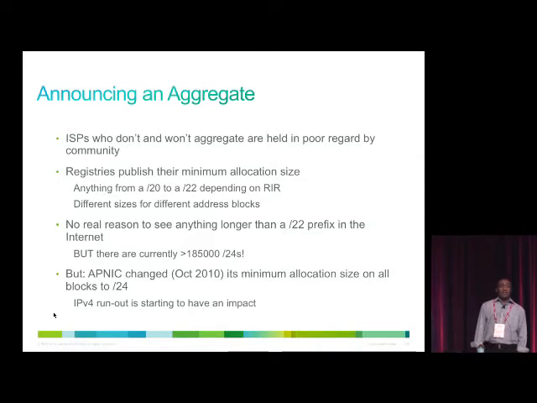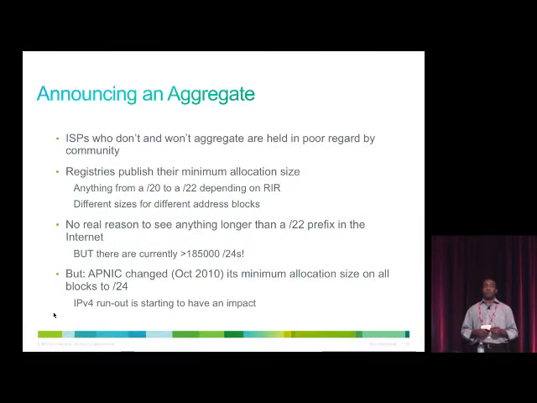So why don't ISPs aggregate? One of the main reasons they give is traffic engineering. But it's very important, because if you don't aggregate, then you increase the number of entries in the internet routing table.